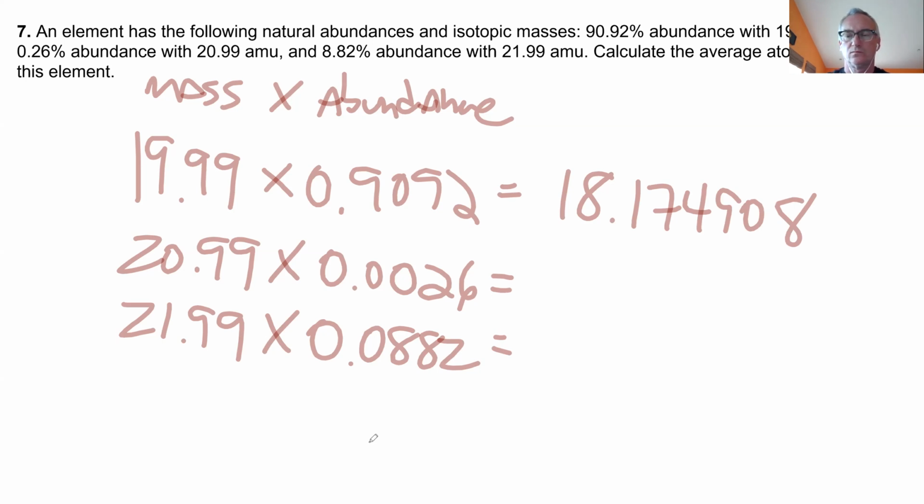The second one times 0.0026 is 0.054574.